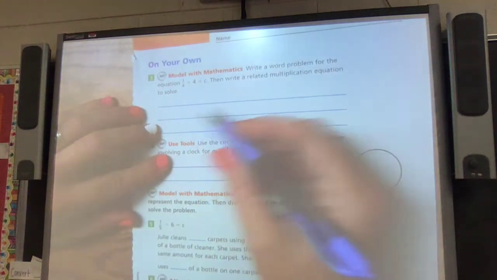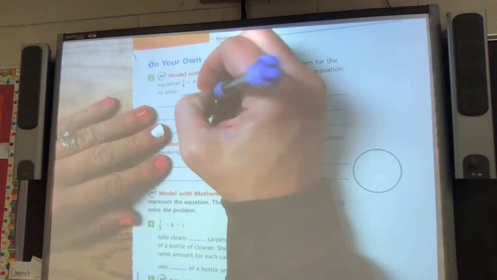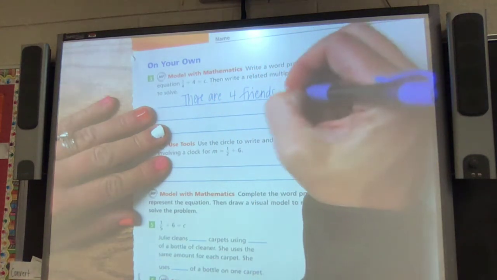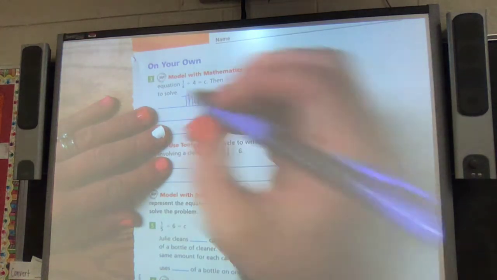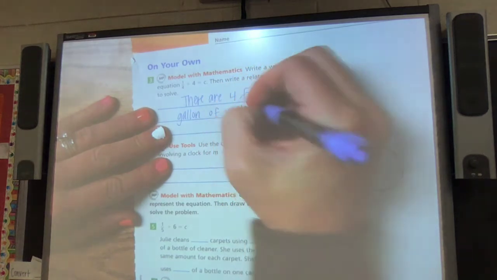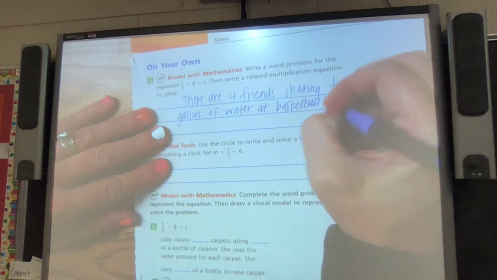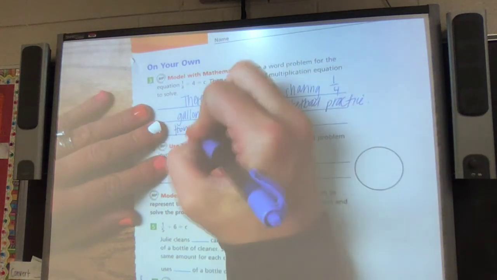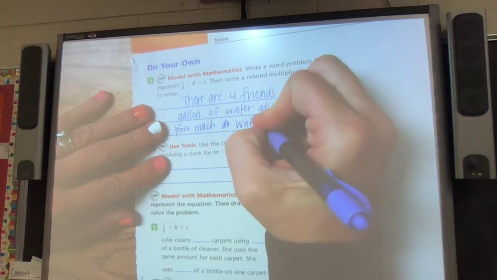So, how about there are 4 friends sharing a fourth of a gallon of water at basketball practice. How much water do they each get?